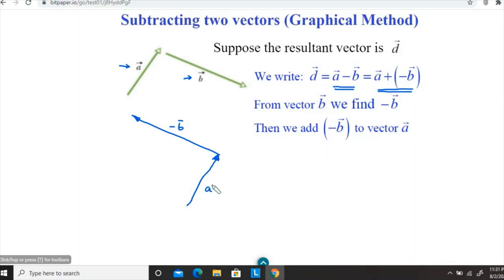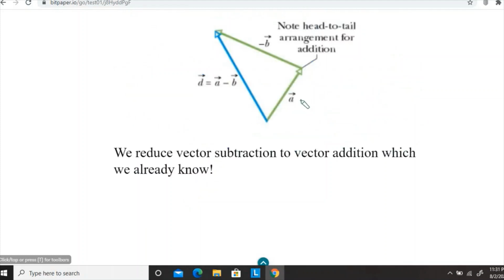And that's your vector A. So then the resultant or the vector sum is obtained by connecting the tail of vector A with the head of vector minus B. So here you can see that result. The blue arrow shows you the difference between vector A and vector B. So this is a vector difference, and that's how you get the answer.